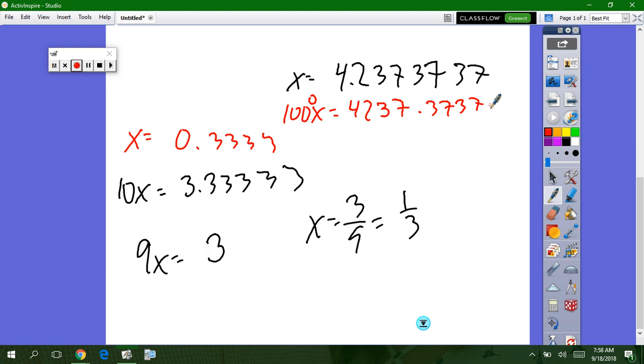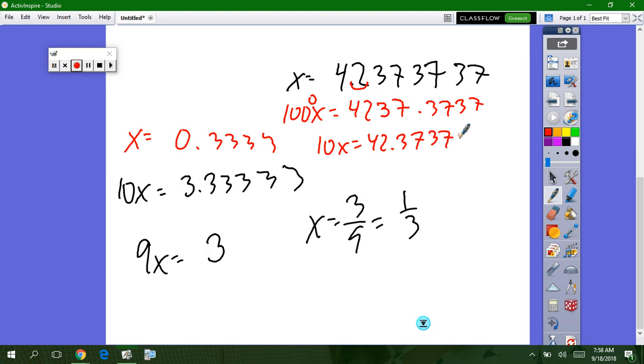It wouldn't. So now that I've repeated past this, I could actually just times it by 10, and I get 10x equals 42.3737 and so forth. Could I subtract these two and get rid of the repeater? So I'm going to go this minus this.